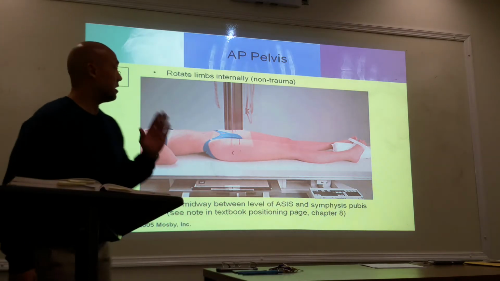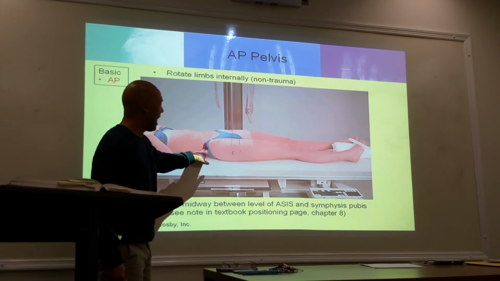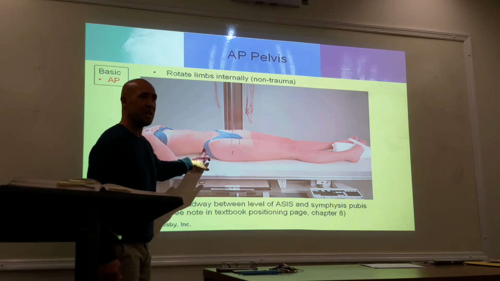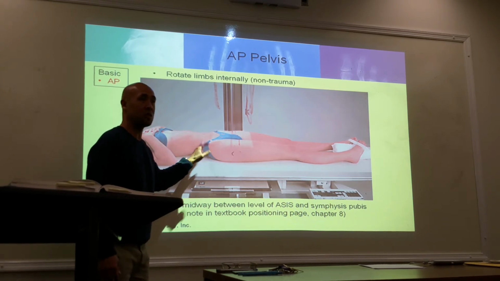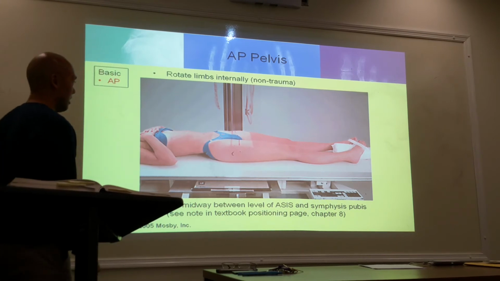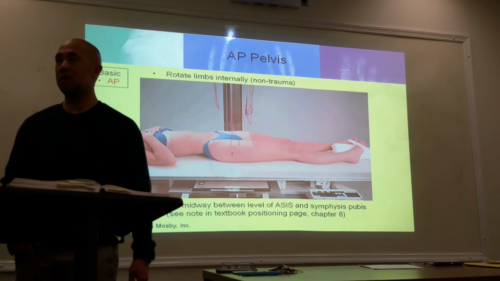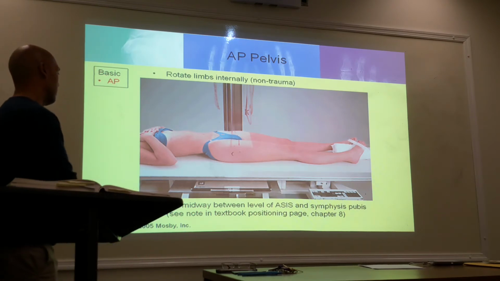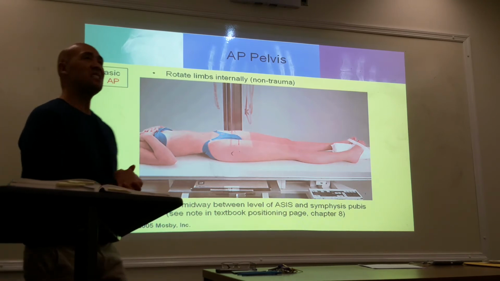You're going to place the top of your light field about 1/2 inch to 1 inch above the iliac crest, and midline to the patient. That's the easiest way to do it.